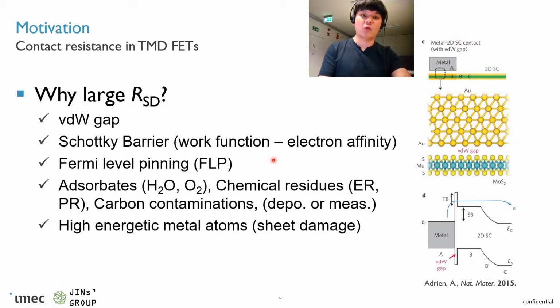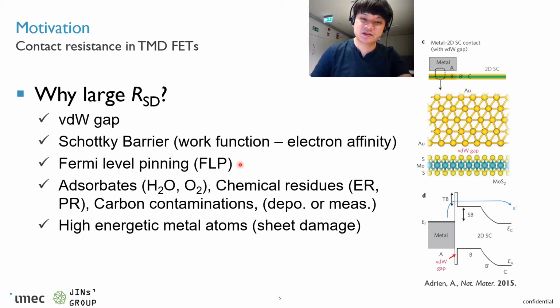Then, why does a large contact resistance form between the 2D materials and the metal? There are several reasons for that. The first is the van der Waals gap, and the second is the Schottky barrier caused by the energy difference between the work function of the metal and the electron affinity of the 2D materials.